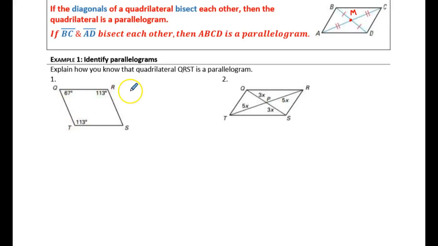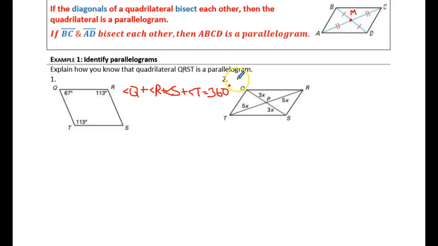So I know that if I add all of my angles together, so angle Q plus angle R plus angle S plus angle T, that they should equal 360 degrees.